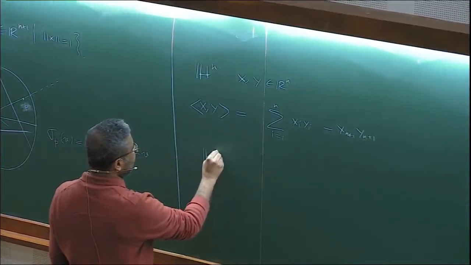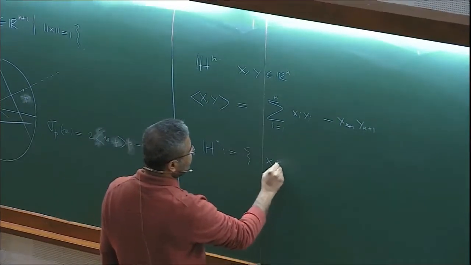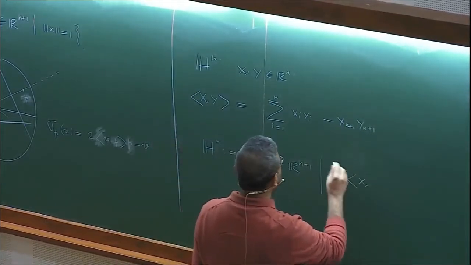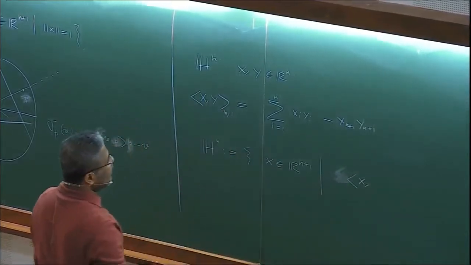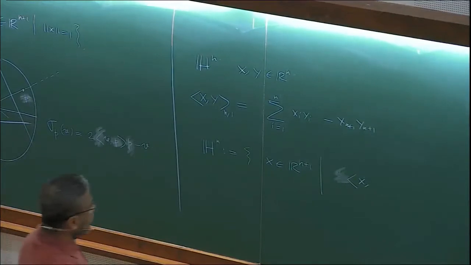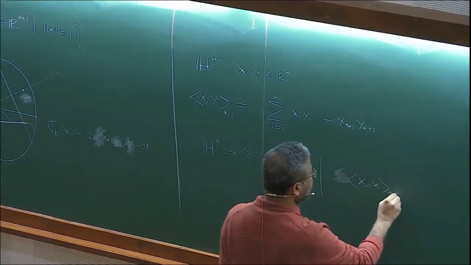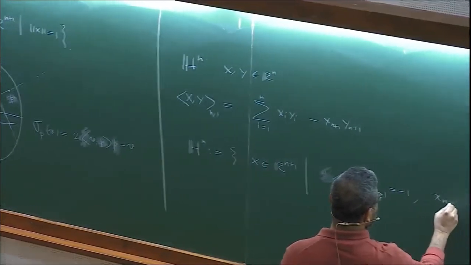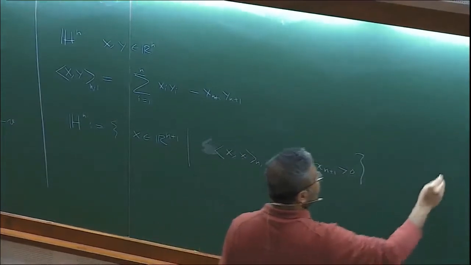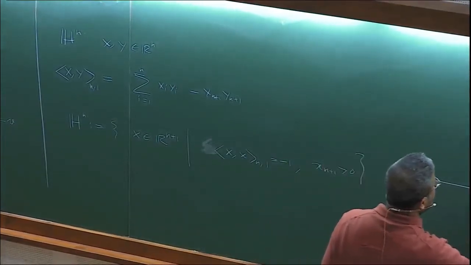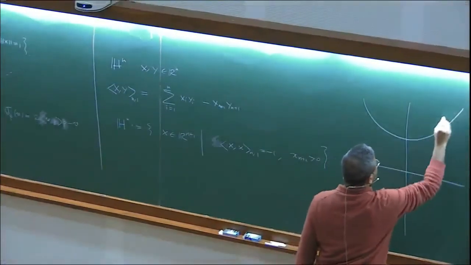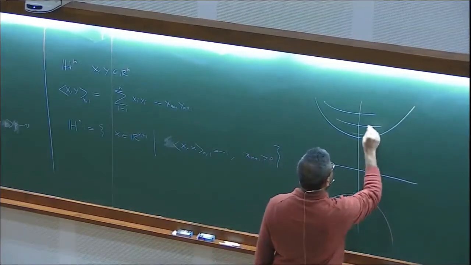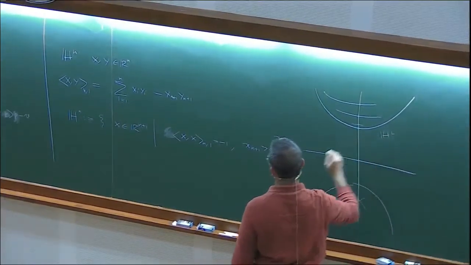My Hn is going to be x in Rn plus 1 with n1 of x equal to minus 1, and xn plus 1 greater than 0. I ignore the lower half, so I consider this one to be Hn.